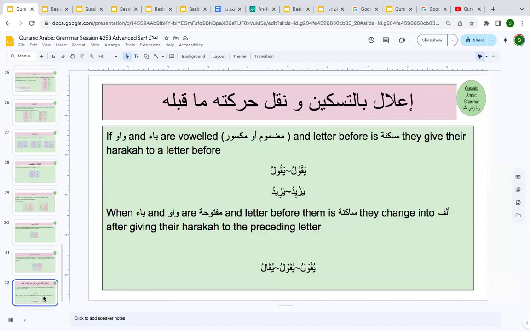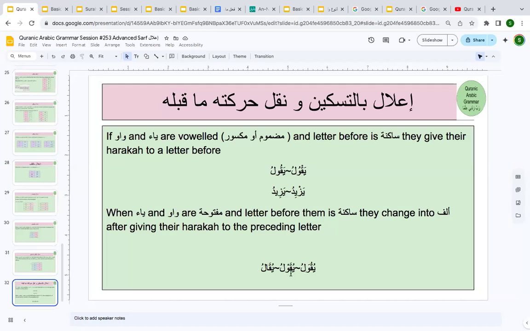The last thing is the same process, when you have your passive. You see here, originally the word was yukuwalu. Yukuwalu. This is how the word was originally, right? Dhammas and a fatha.